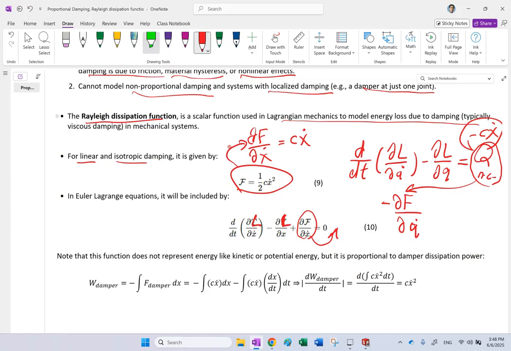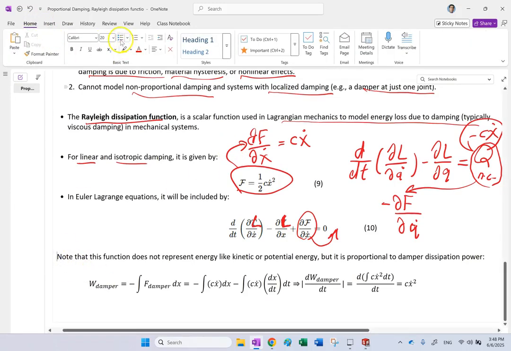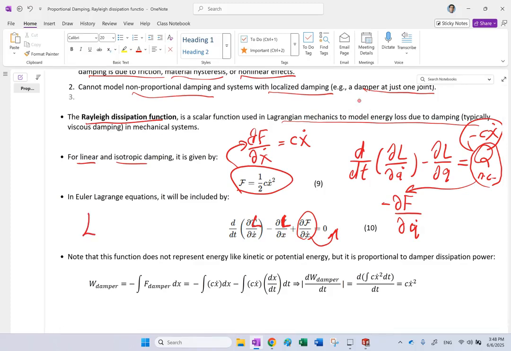One last thing I want to mention about this is that this function is not actually an energy function. It's not like the kinetic energy and the potential energy that you have in the Lagrangian. It's not an energy. It's mostly a power, a dissipation power. Why? Because the work done by a damper is negative of the integral of the force times displacement.